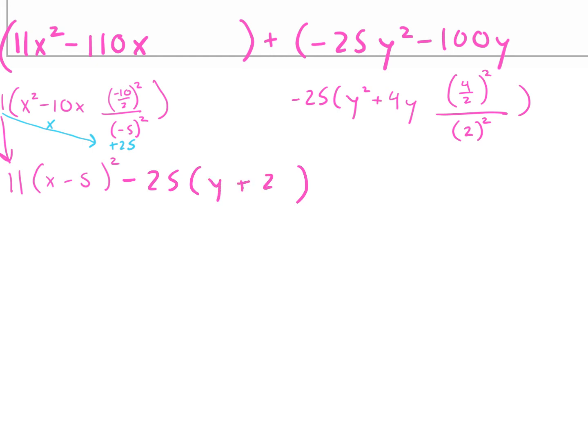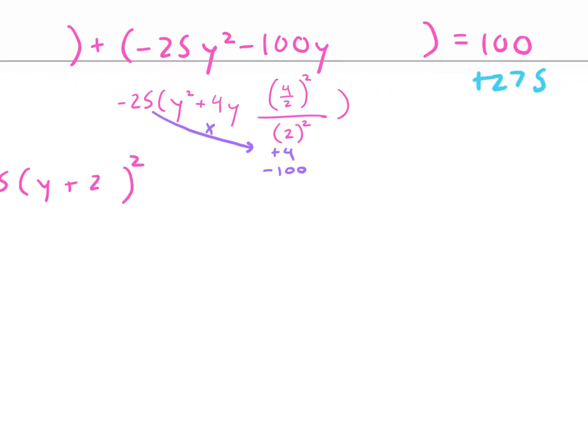Y plus 2 squared. And then technically I am adding 4 in here, but it's actually 4 times negative 25, which is what? Negative 100, so I'm subtracting 100 on the left side, so I need to subtract 100 on the right side also. So now I have 100 plus 275 minus 100 would just be 275.